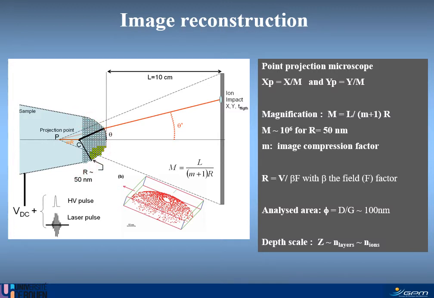Okay, and if the 3D atom probe is a point projection microscope, we can say that the magnification is equal to the ratio between the length of the flight path divided by the tip radius, multiplied by a factor here that is the image compression factor plus 1.